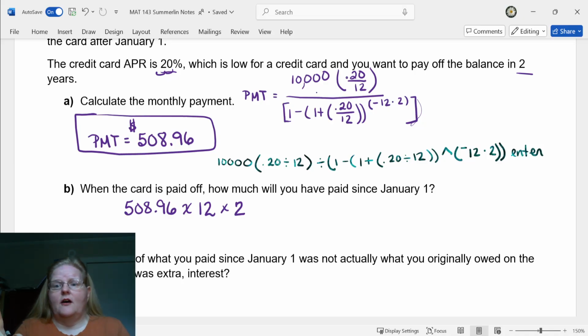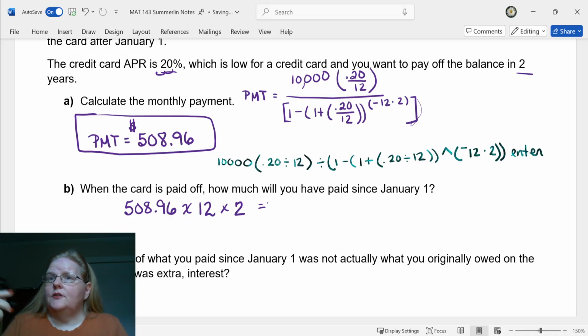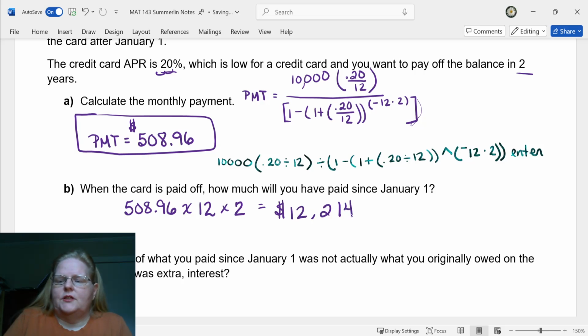That's what you're paying off. So how much are you actually paying towards the card? That's what they're asking. And the answer is not $10,000, because there's interest. So the answer is actually $12,214.99. And 99 cents matters.